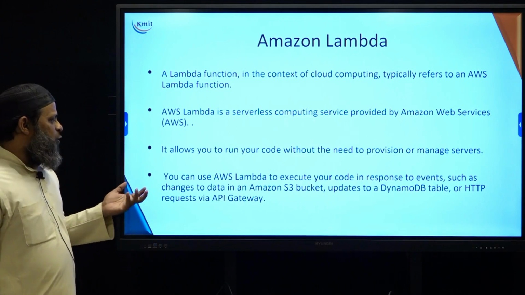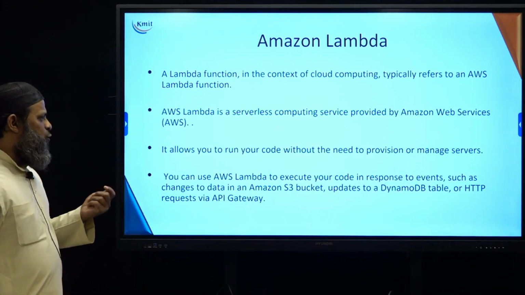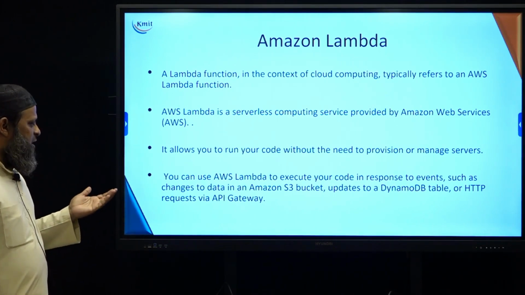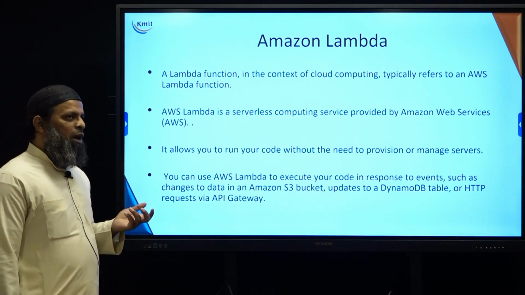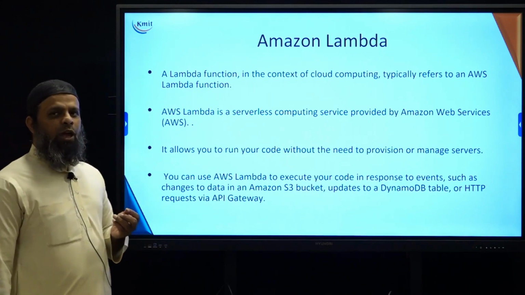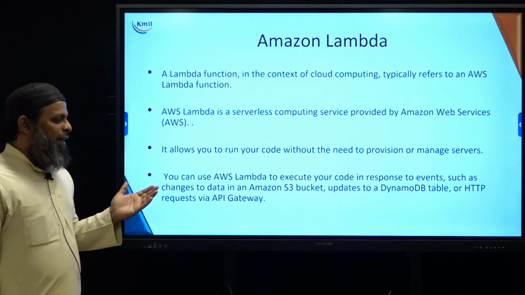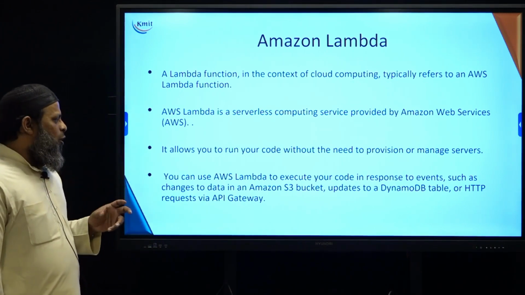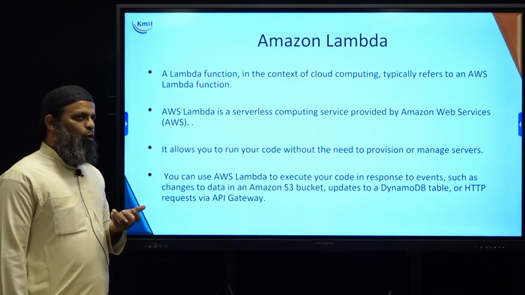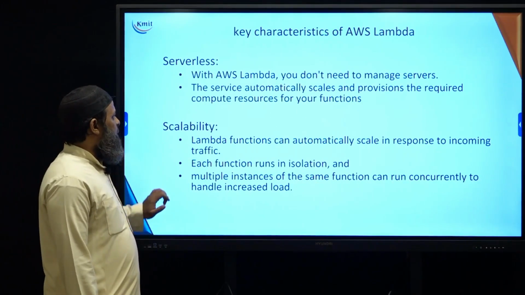So we can execute this Lambda function in response to any events such as changes to data in an Amazon S3 bucket, updates to DynamoDB, or HTTP requests via API Gateway. So any task whichever you want to perform, either changes to the databases or any request which is put through HTTP, that can be executed by this Lambda function.